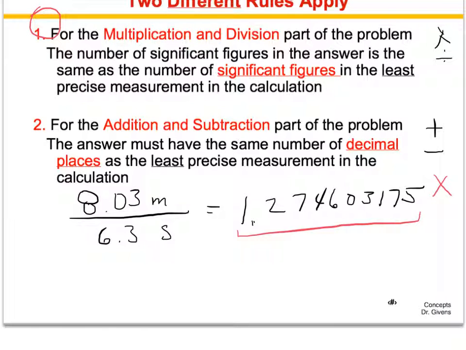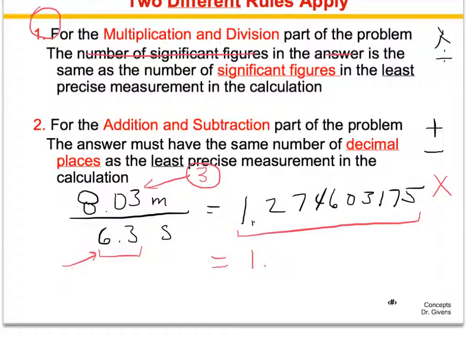If you are multiplying or dividing, the number of significant figures in the answer is the same as the number of significant figures in the least precise measurement. So the measurement in meters has 3 significant figures. The measurement of time has 2 significant figures. So our answer can only have 2 significant figures.